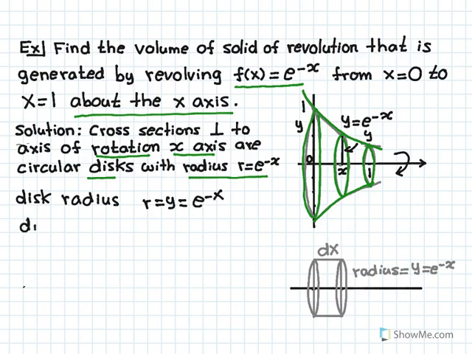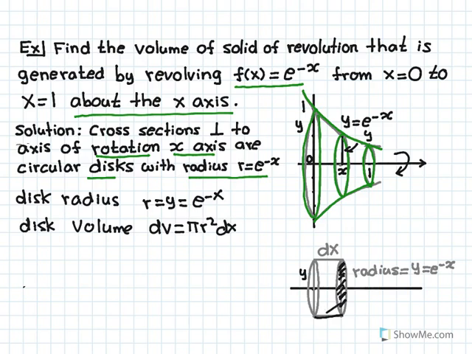What is the disk volume? We have a picture of one of these disks. Well, this is going to be y here, that's the radius. So if we take the cross-sectional area here, that's pi times radius squared, times the width dx, we get the volume of the disk. So the disk volume, dV, is equal to pi r squared, which is this area here, multiplied by dx.